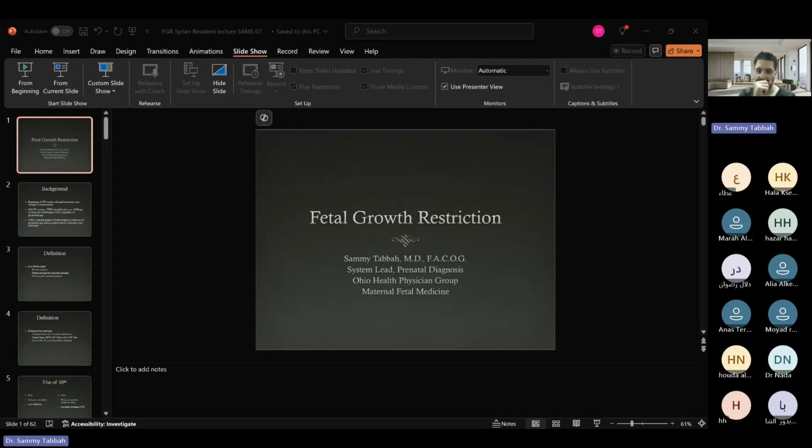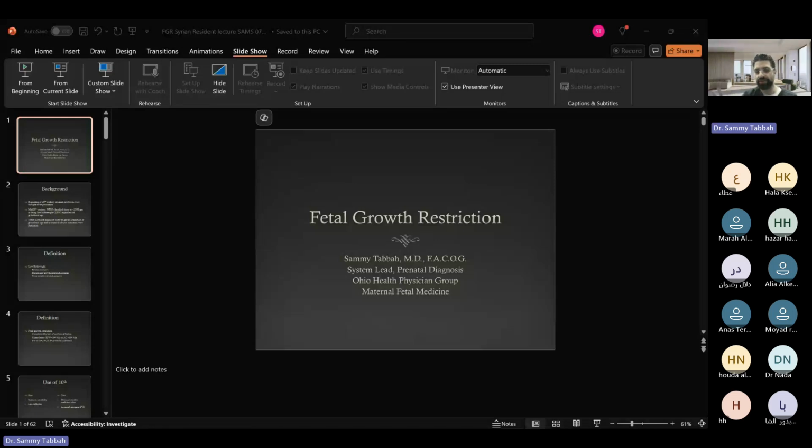So for fetal growth restriction, this has been a more recent discovery because in the beginning of the 20th century, most babies who were born small were thought to be premature. And then it wasn't until the mid 20th century that the World Health Organization started classifying babies who were born at less than 2,500 grams as being low birth weight, regardless of their gestational age.